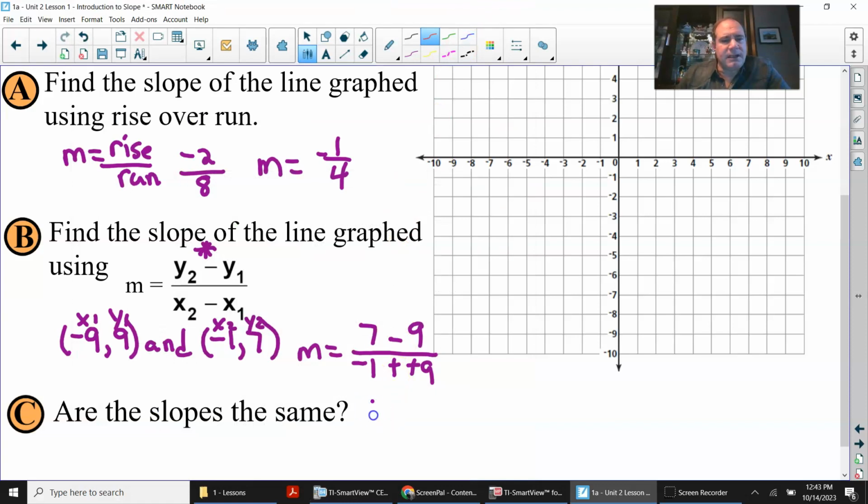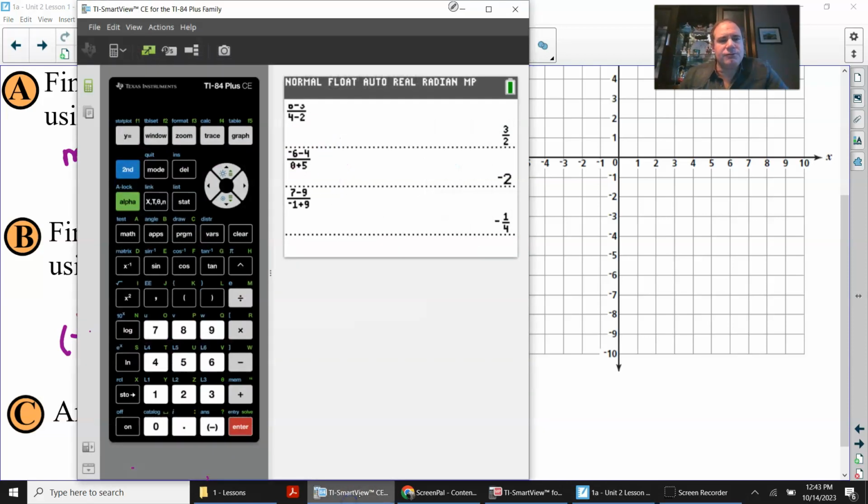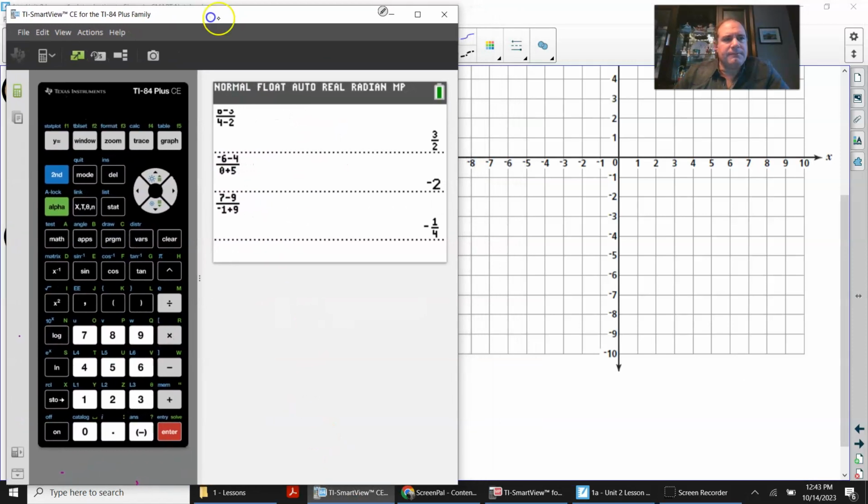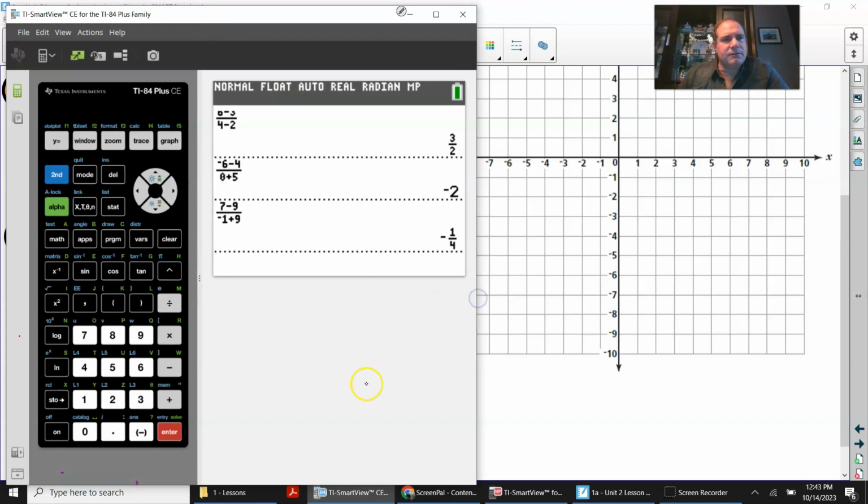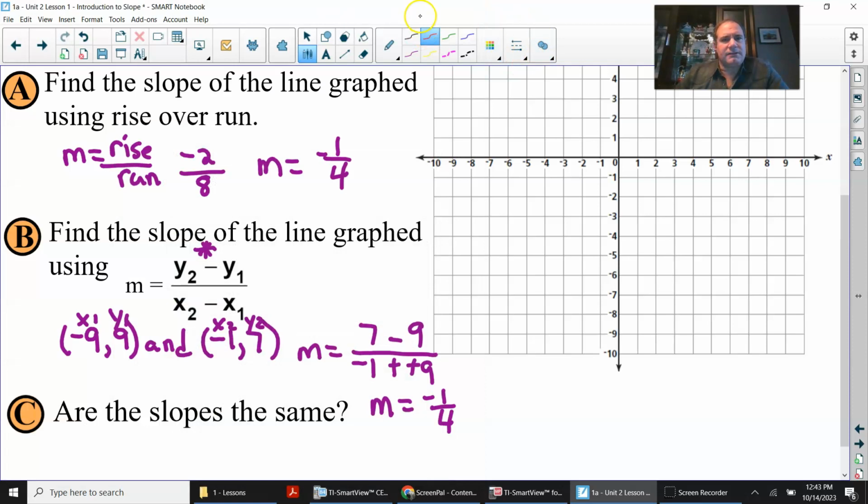And look at that. It is the same as the rise over run. Let the calculator do the math for you. Don't depend on yourself to get every bit of the math correct. Let the calculator do it, and then you're definitely going to get it correct.